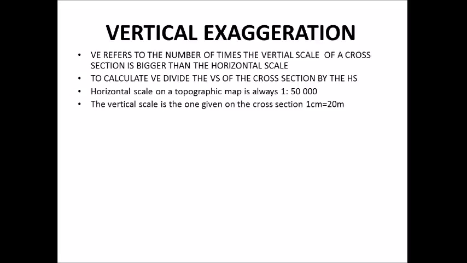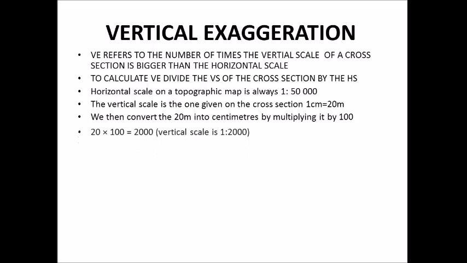The vertical scale is the one given on the cross section which we last drew, which is 1 centimeter equals 20 meters. Before doing that, we need to convert those 20 meters into centimeters by multiplying 20 by 100, which gives us 2000, meaning that our vertical scale is 1:2000.